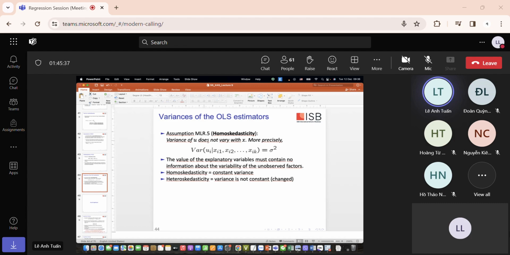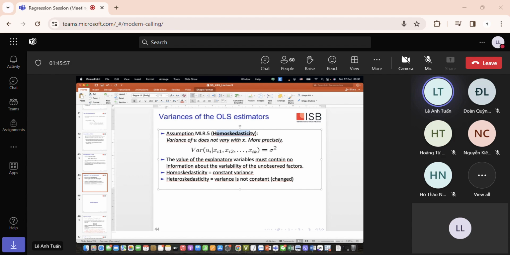That means if the variance of U changes with X, we have heteroscedasticity, and heteroscedasticity violates the OLS assumption, right? Because in the OLS model, we need to have homoscedasticity.